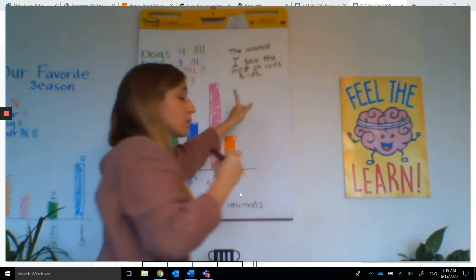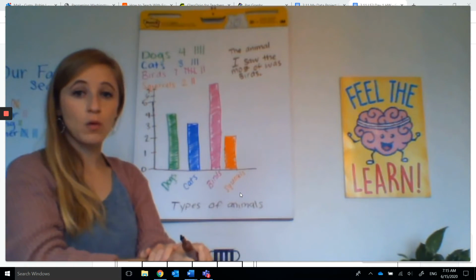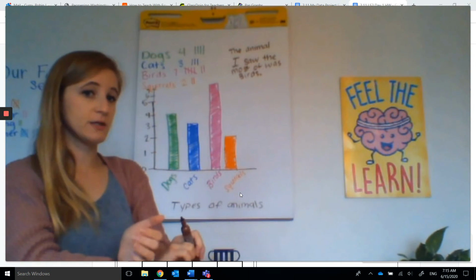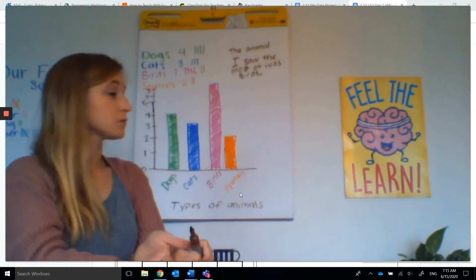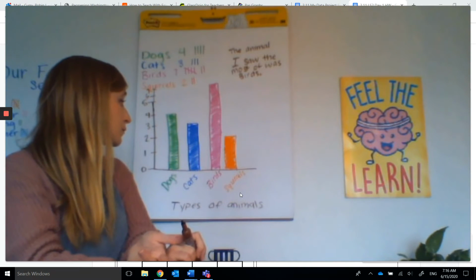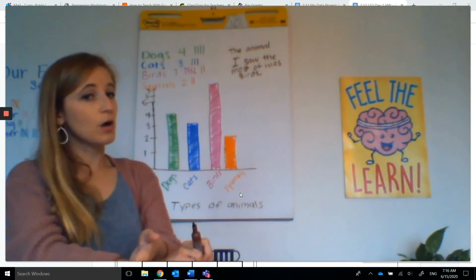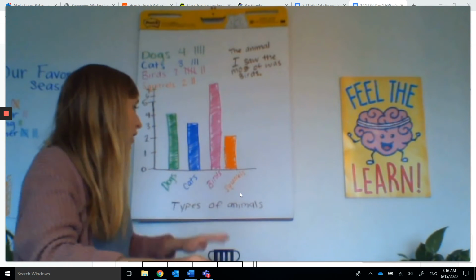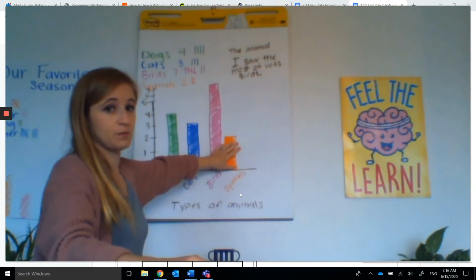All right. So my first statement, the animal I saw the most of was birds. That's one statement I could make. Can you think of any other statements or facts I could say about this graph? You might be thinking you could say the animal you saw the least of. You could also name the difference between some of the numbers of animals. So I might say, I saw 5 more birds than squirrels.